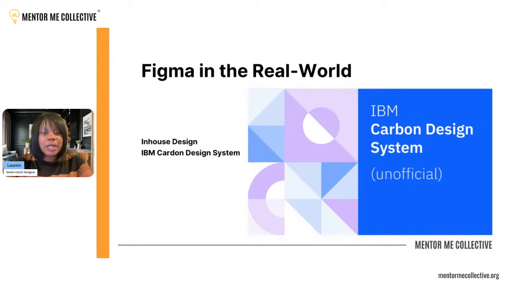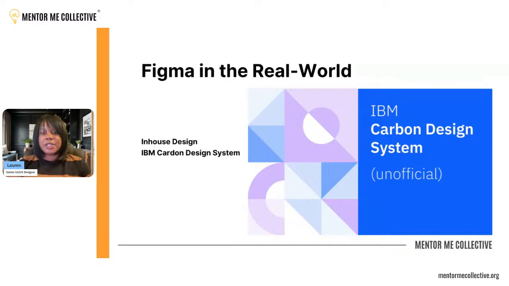Alrighty, so I definitely want to move into this real world experience. I have to say, one of my favorite things about using Figma as a UI UX designer is you have access to a lot of top tier businesses and what they have available for their design system, which is really cool.